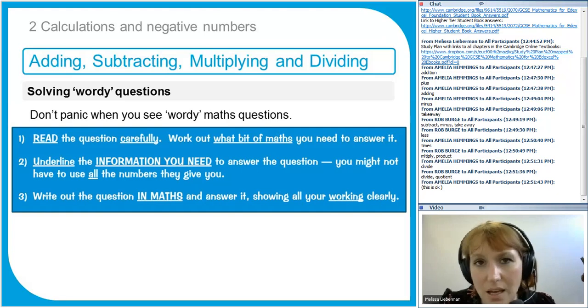Now, another very important point I want to make at the start of the course is that the method that you use, there's no one correct method often in maths. There's often lots of different ways of getting to the right answer. So don't feel that you have to use one particular method. For example, I'm going to show you two methods for doing long multiplication, but there's probably at least 5 or 6 or 7 different methods.